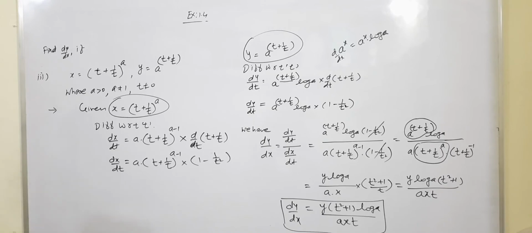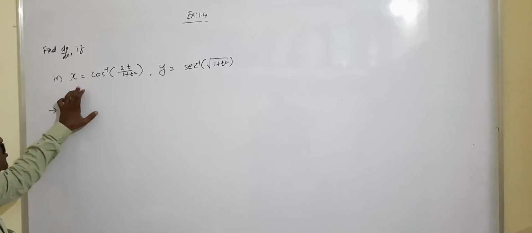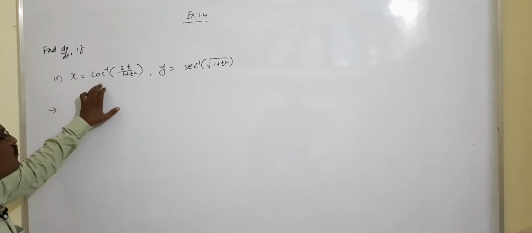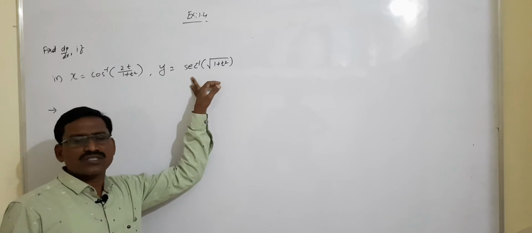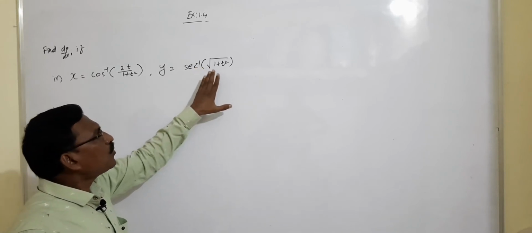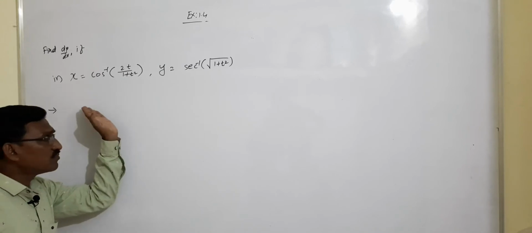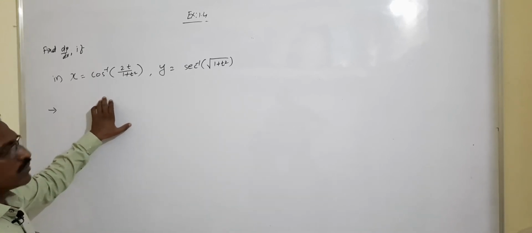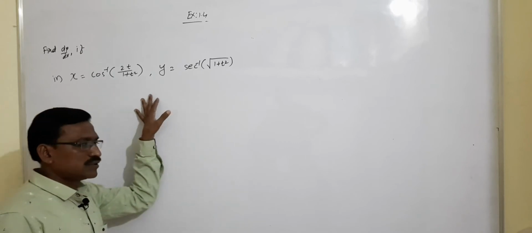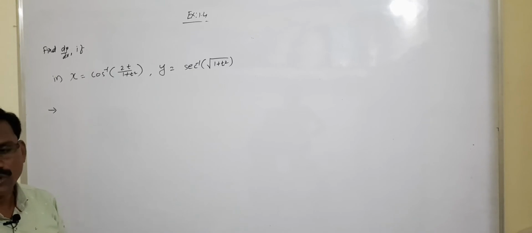Now we take the next example: x equal to cos inverse of 2t upon 1 plus t square, and y equal to sec inverse of root of 1 plus t square. Here the functions are inverse functions and also t is a parameter. We solve this example by using the substitution method.